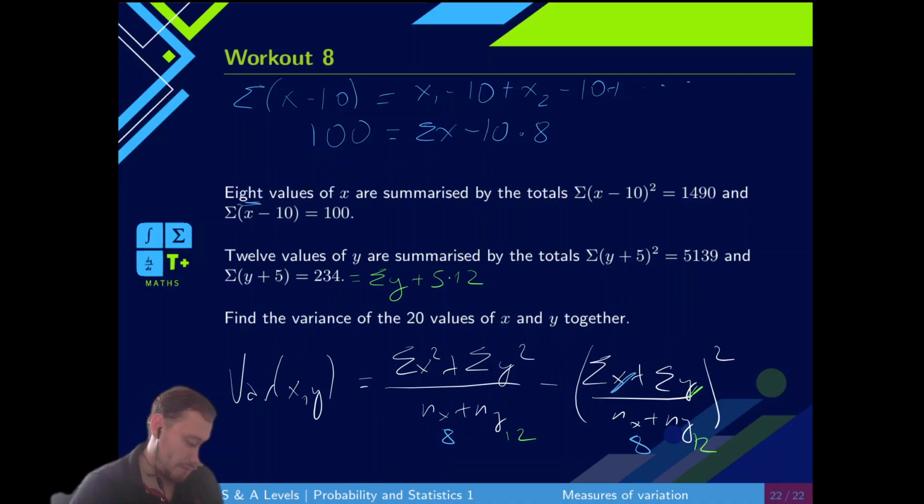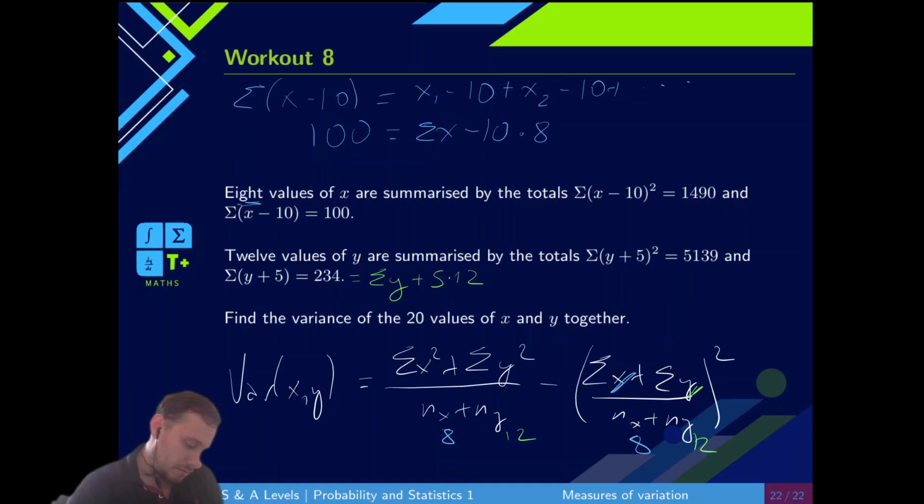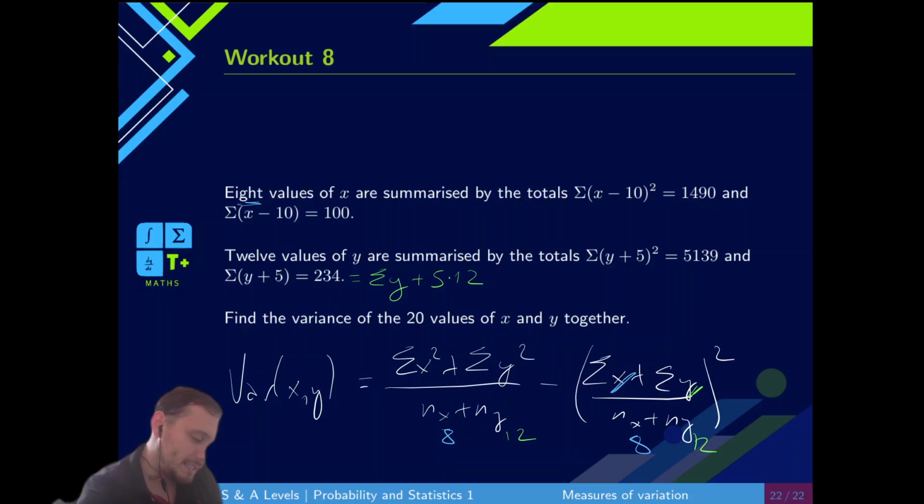Let's take a look at the following. Sorry, I deleted everything. That's not what I wanted to do. I want to delete just this part here. The variance of x is calculated as the sum of x squared over n of x minus the sum of x over n of x squared.